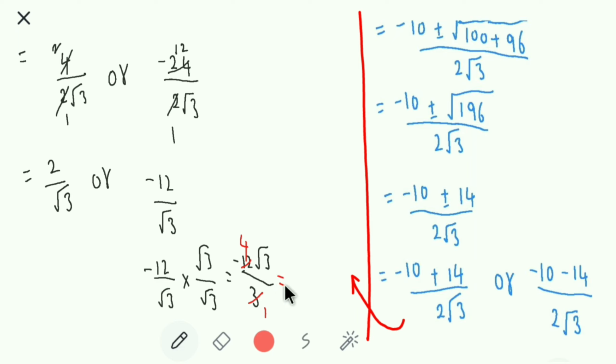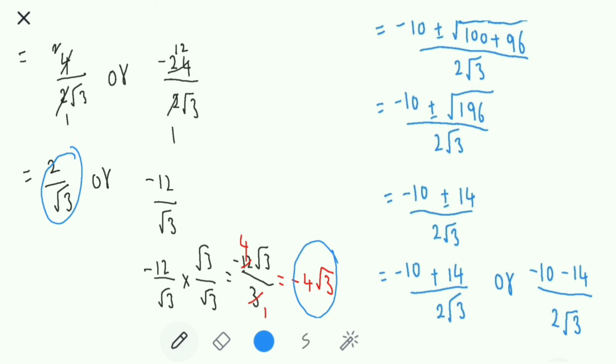So the answer is minus 4 root 3. So here we got the roots of the given quadratic equation. The first root is 2 by root 3 and the second root is minus 4 root 3. Therefore the roots of the given quadratic equation are 2 by root 3 and minus 4 root 3.